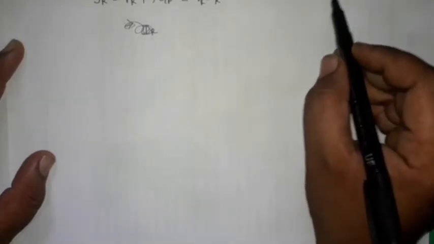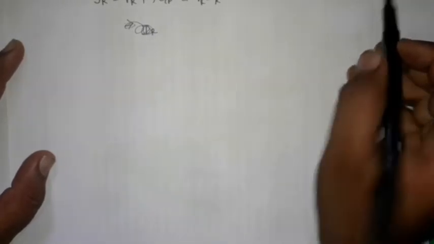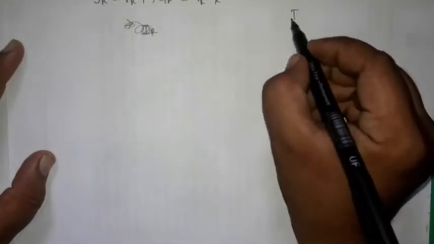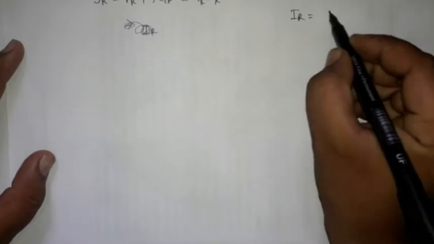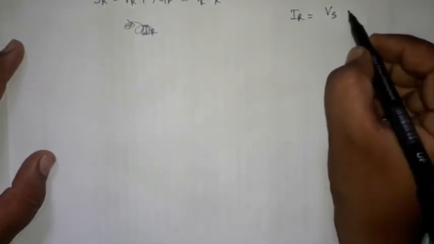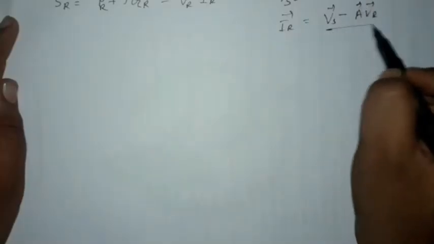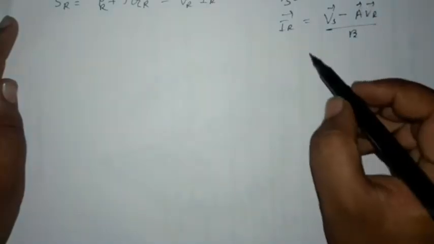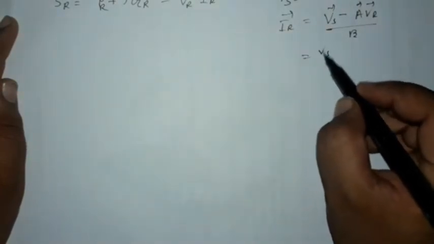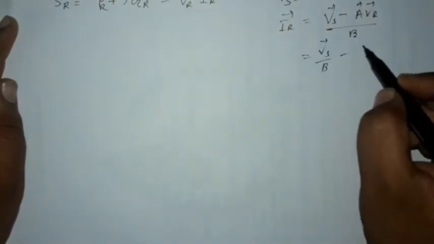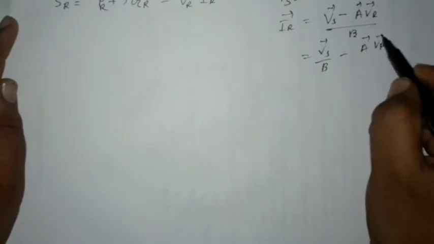Vs is equal to VR into A plus B into IR. Now from this equation we find IR. So IR is equal to Vs minus VR into A, divided by B. So we write it as Vs by B minus A VR by B.